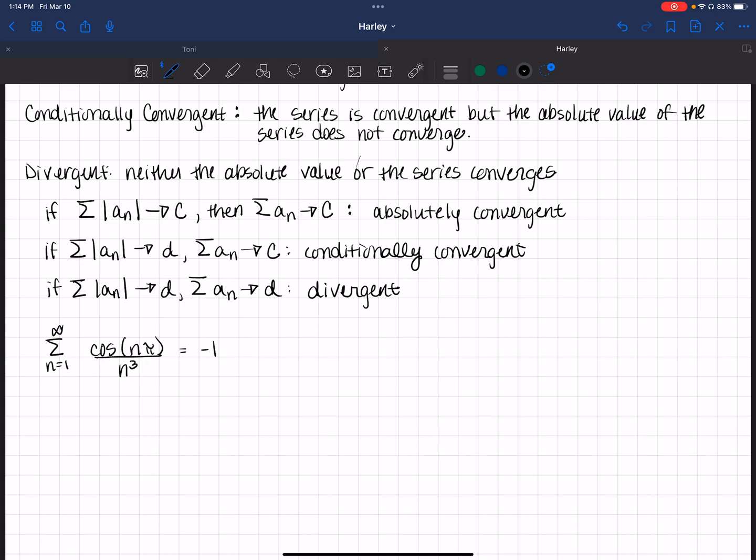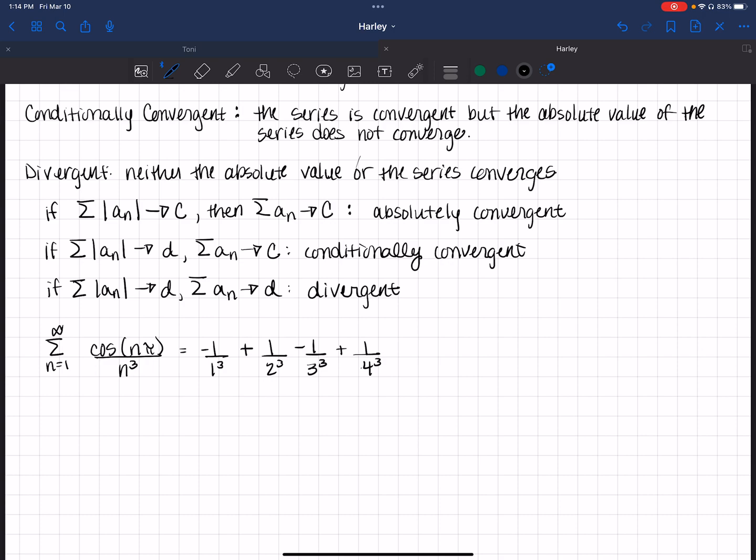Plus, I'll put in 2: cosine of 2 pi is 1, over 2 cubed. I don't have to work that out. Then if I put in 3, the cosine of 3 pi is -1, so -1 over 3 cubed. And you get where this is going. It is an alternating series in itself, but I'm not worried about that right now on this particular one.